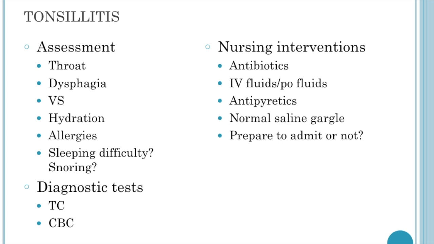You want to find out from the parents how well are they tolerating fluids. Do they have any allergies? Because we're going to be treating this with antibiotics. And something else that's really important is, are they having difficulty sleeping? Because a child who has recurring tonsillitis ends up having very large tonsils and it can create sleep apnea.